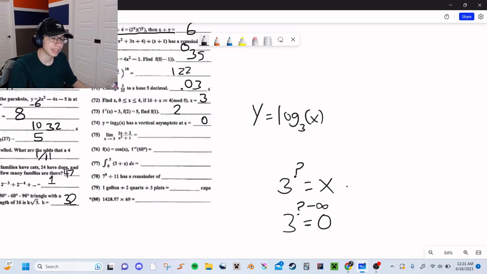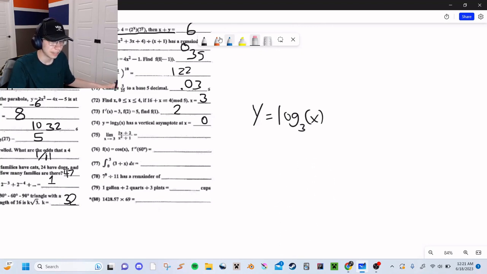But 0 is going to be the answer here. And I guess the quick way of doing this is if you have some function log base a of x minus h, the asymptote is going to be h. In this case, this is like x minus 0, so 0. That's the quick way.